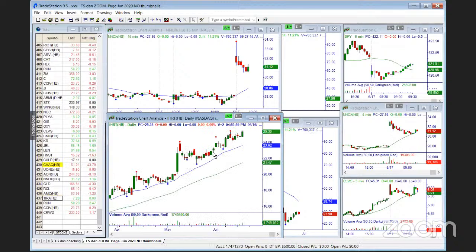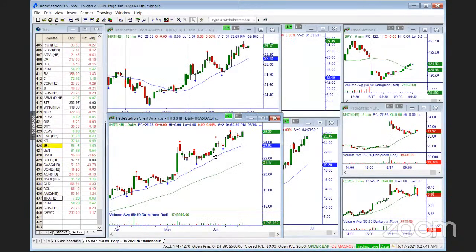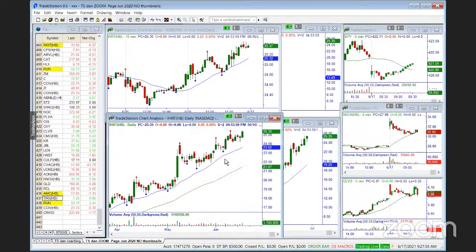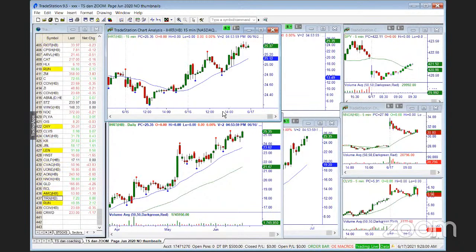IHRT for John Wong, your drop down also. iHeart looks great. Strong uptrend, very strong uptrend, bullish daily, weekly, relative strength to the market. What jumps out at me is relative strength. 1400 was the Fed news, right?